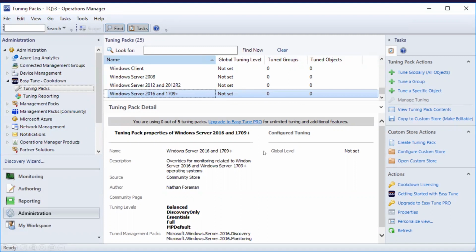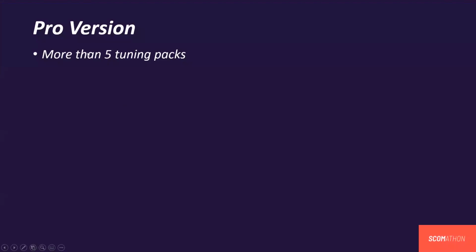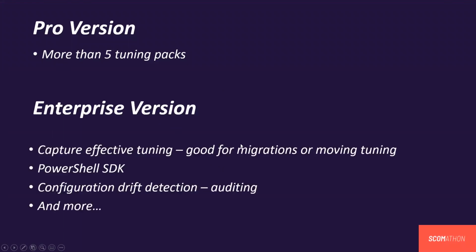Maybe that's already enough if you have very specific needs. However, if you go to the Pro version, which should not be very expensive, it takes away this limitation of 5 tuning packs. And then there is also an enterprise version of this, which adds a lot of extra features.